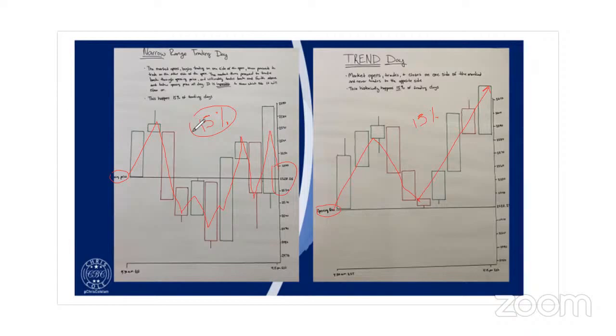And we use opening price and the market's relationship to opening price to give us a huge advantage in the market. Again, as a recap, three day trading types. We got a test and retest day that happens 70% of the time. We got a narrow range trading day that happens 15% of the time. And we have a trend day that transpires only 15% of the time.